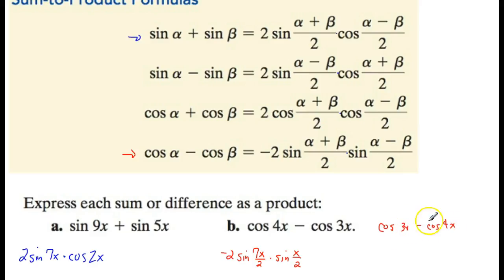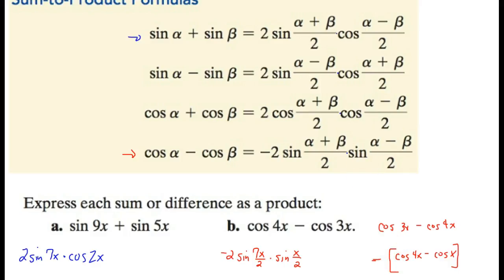If you switch that around, if you made it the cosine of 4x minus the cosine of 3x, to make this part right here have a positive number inside the sine, you just have to remember that this is only true if you negate it, and then you would have to negate that 2 right there to fix it.